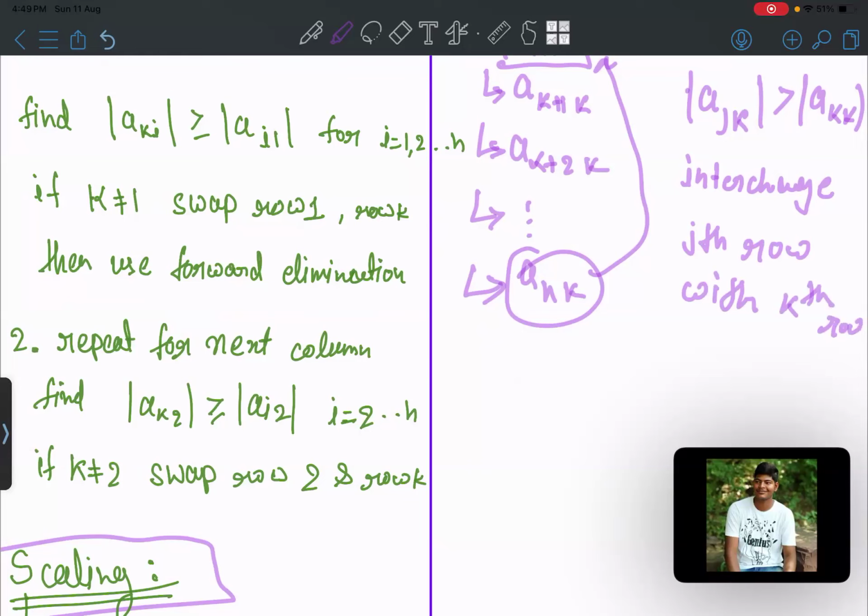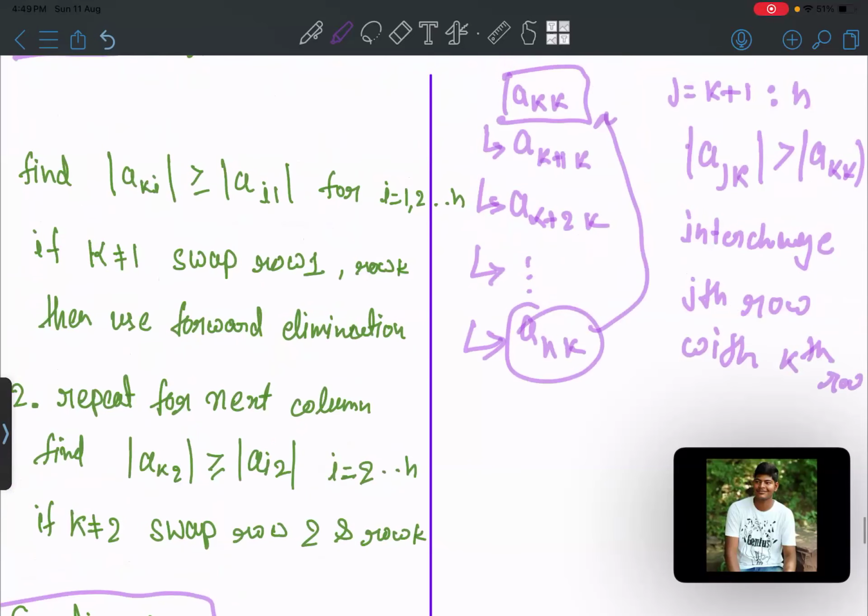If I find any value greater than the pivot value, I interchange the rows, and that row will come here.